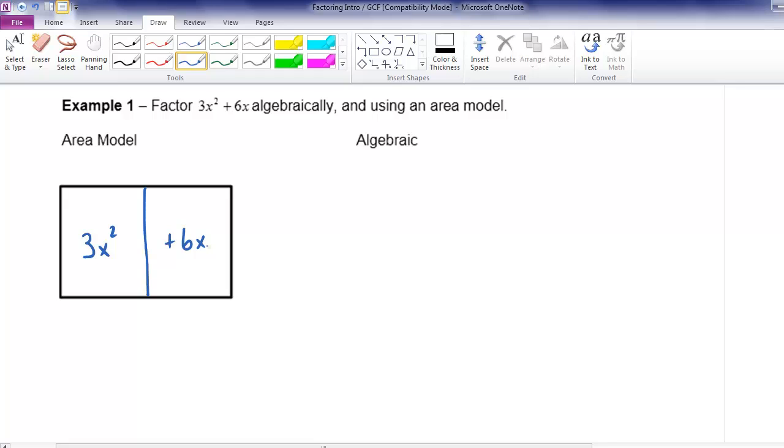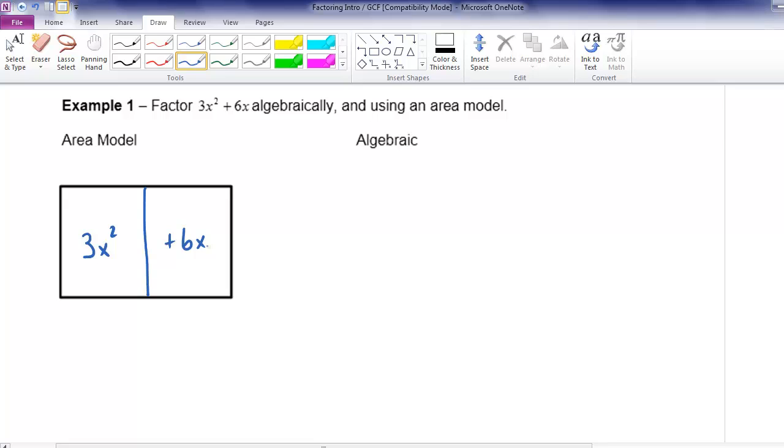Now I want to be consistent. I want to find the vertical part first, and I called it L. Now I don't want you to write this down for a sec, I just want you to kind of follow. If I were trying to figure out the dimension of the vertical piece of this rectangle, what I'd have to have is something that divides into both those pieces.